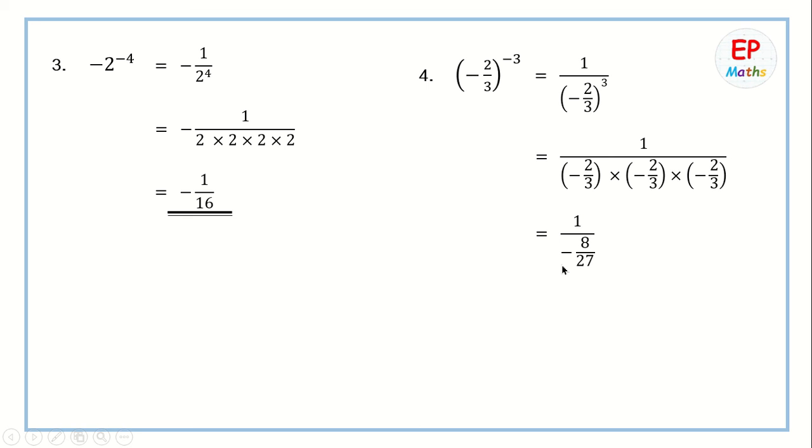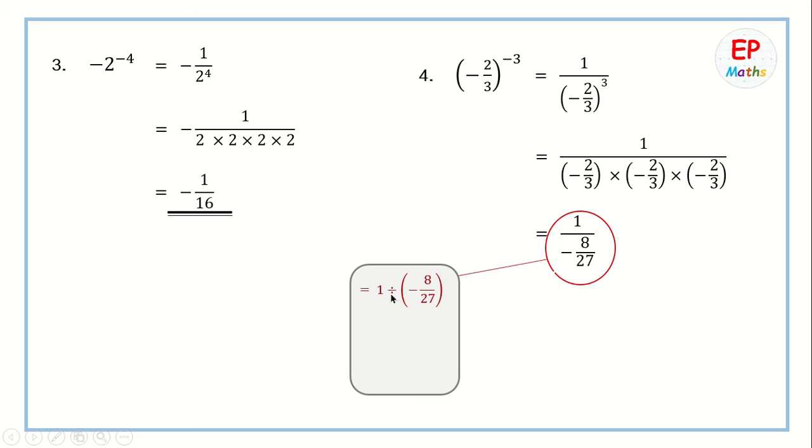But now look, this actually means 1 divided by negative 8 out of 27. We can write this as 1 times the reciprocal of negative 8 out of 27, which is negative 27 out of 8.